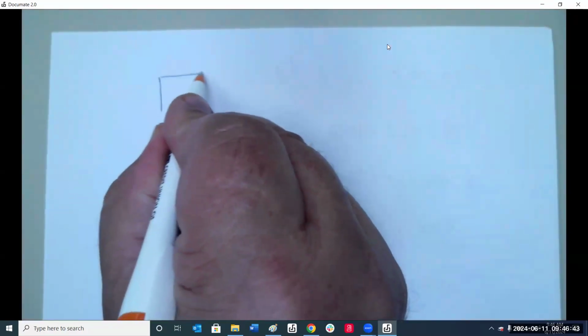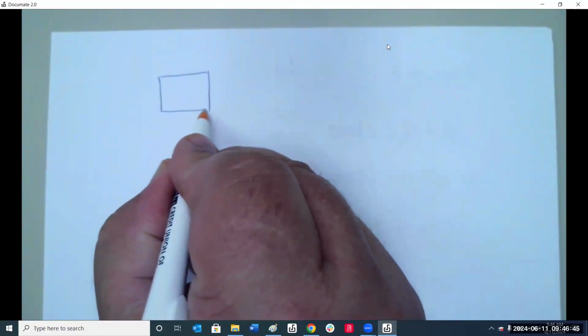When we're talking about dimensions, when we talk about borders and yards and things, we usually have rectangles or squares even.